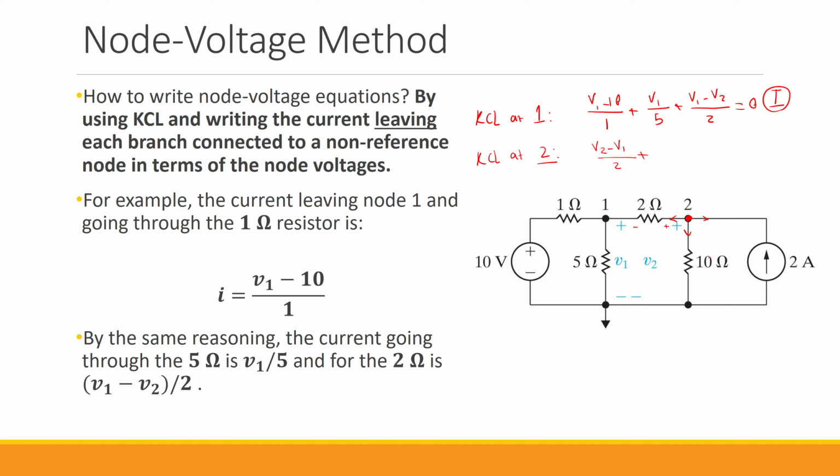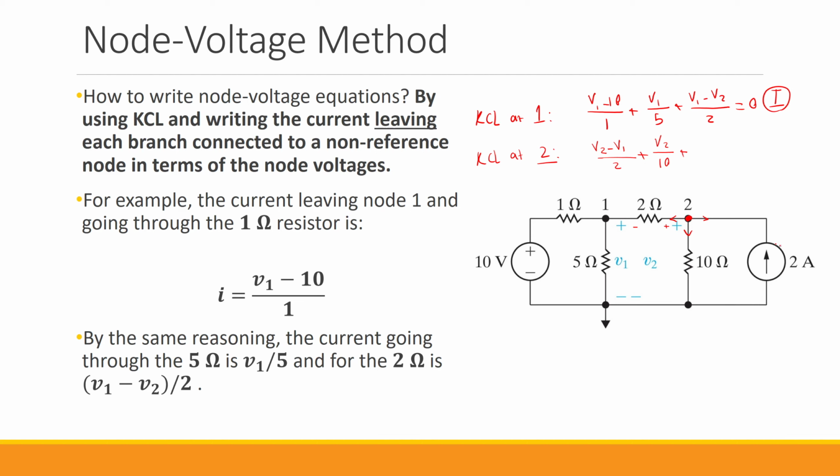Plus, what about the current that goes through this 10 ohm? Since the voltage across this 10 ohm is actually V2, we have V2 by itself divided by 10 ohm. And then finally, for this, we have a current that leaves this node and goes through this 2 amps independent current source. So what is that current?